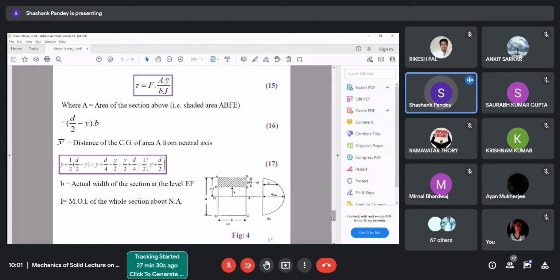We are going to find the expression for shear stress using our general expression tau is equal to F into A y bar upon B into I. So if B is the width and D is the height, d by 2 is half of the distance from neutral axis, and we have assumed an area at distance y from neutral axis.